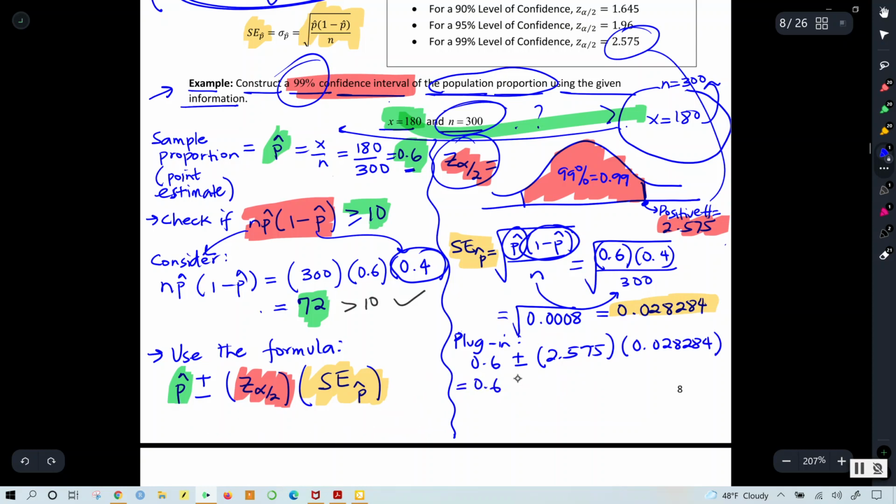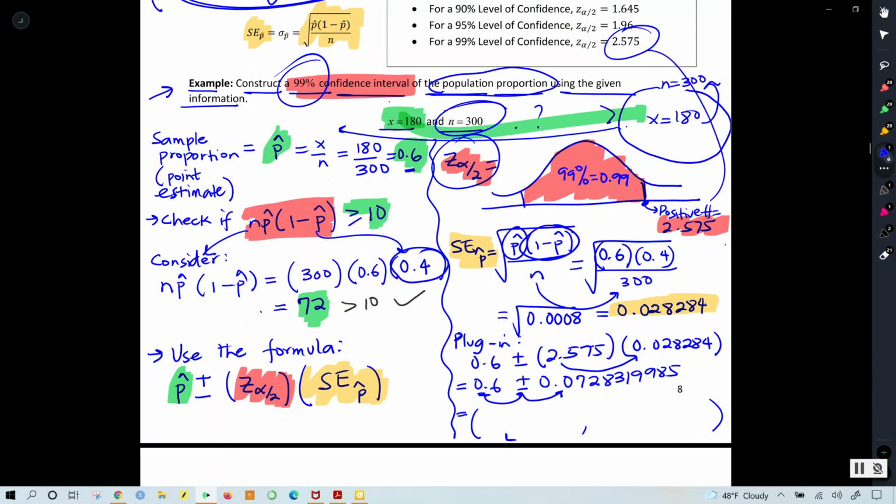This is equal to 0.6 plus or minus, and I'll multiply these two numbers to get 0.07283199985. For the lower limit, I take 0.6 minus the margin of error, which gives 0.527168. For the upper limit, it will be 0.6 plus the margin of error, which gives me 0.67283.